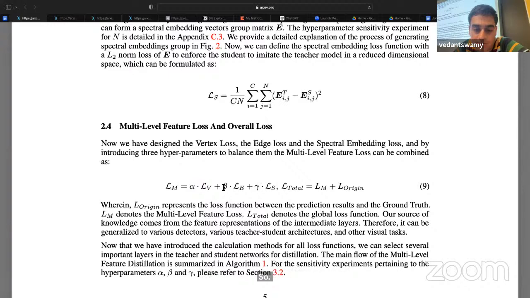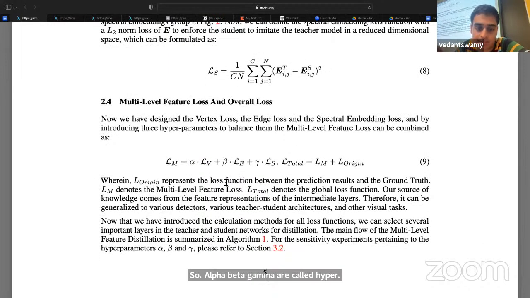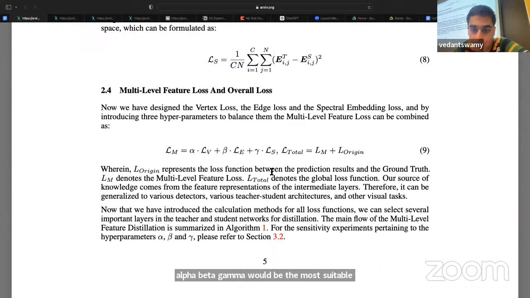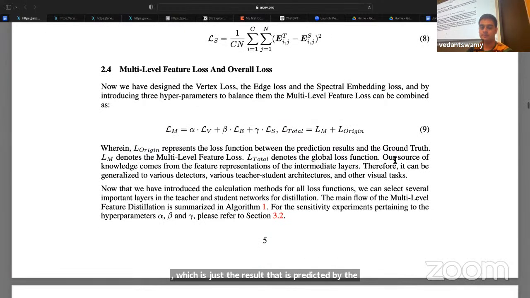Alpha, beta, gamma are called hyperparameters, and we'd be running experiments to find out which values of alpha, beta, gamma would be the most suitable. Finally, we get the global loss function, L total, which is the multi-level feature loss plus the original loss. This original loss is pretty much the same as in machine learning, which is just the difference between the result predicted by the model and the ground truth. So we have the total loss in this case.